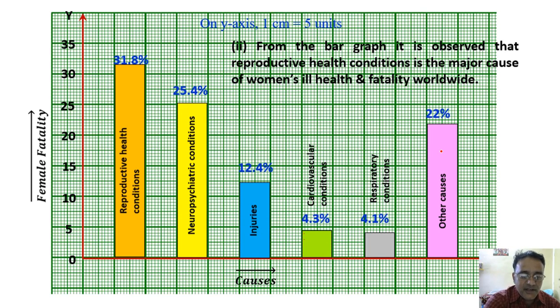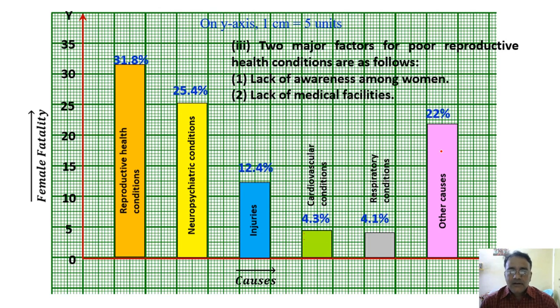The next question was: try to find out with the help of your teacher any 2 factors which play a major role in the cause. So lack of awareness among women may be one of the factors, and the second one is lack of medical facilities also.